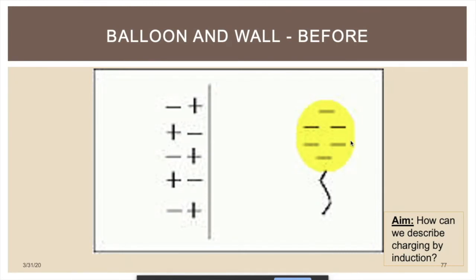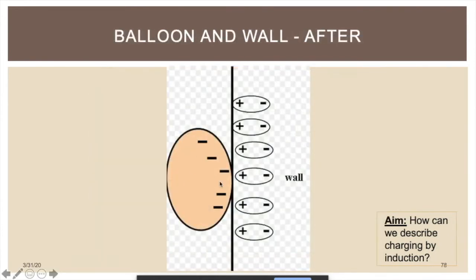Now, let me just say before I flip the slide, the second image is different, but it illustrates the same concept. The only difference is that the wall here is now going to be on the right and the balloon is going to be on the left, but it's the same idea. The balloon here has this negative charge. The wall is neutral, but the electrons in all of the molecules in the wall get repelled by the negative charge on the balloon.